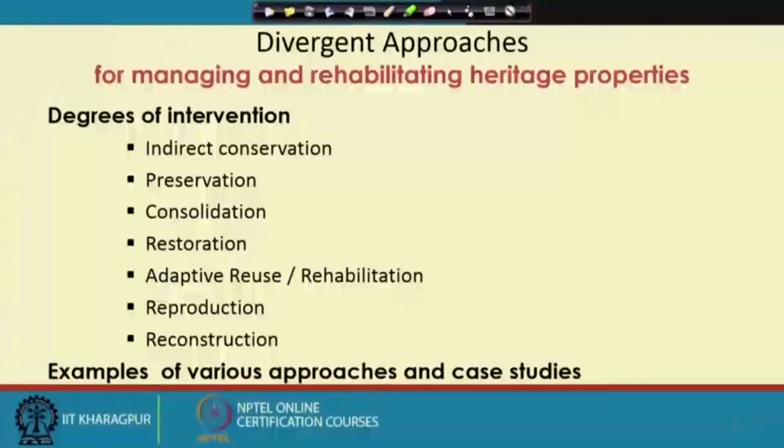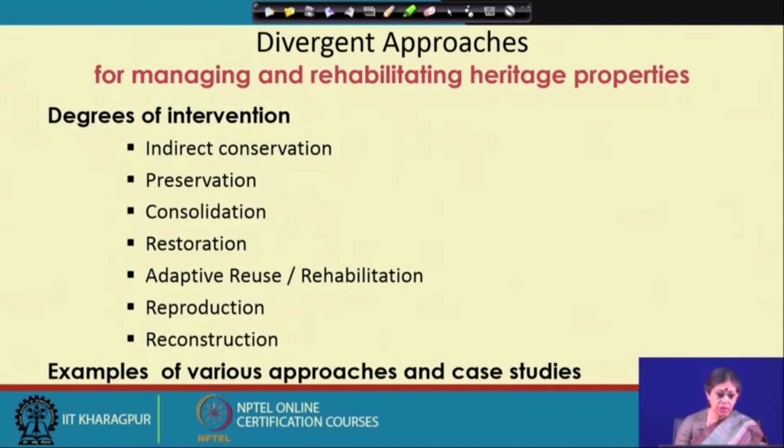So in this part of the lecture, I will talk about these different terminologies, which are indirectly conservation, preservation, consolidation, restoration, adaptive reuse, rehabilitation.